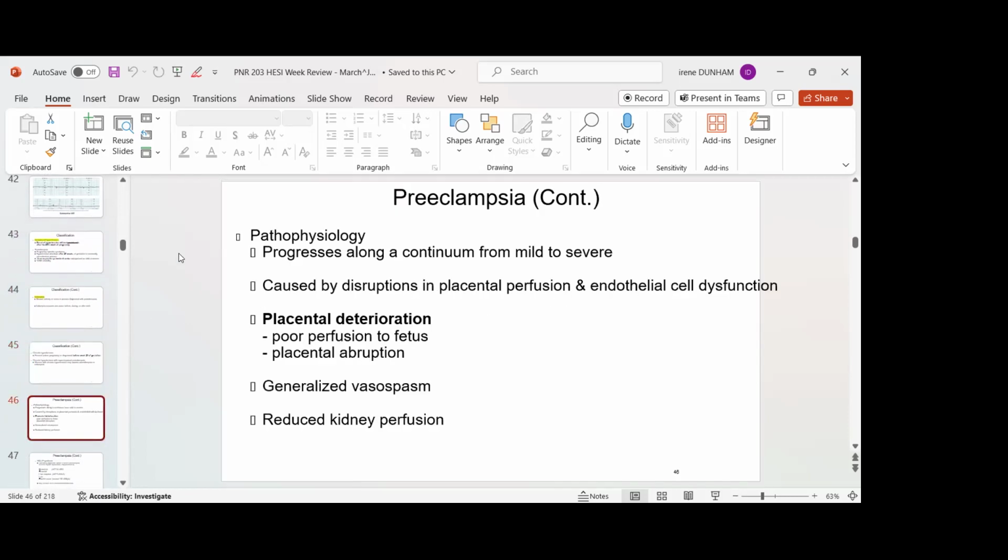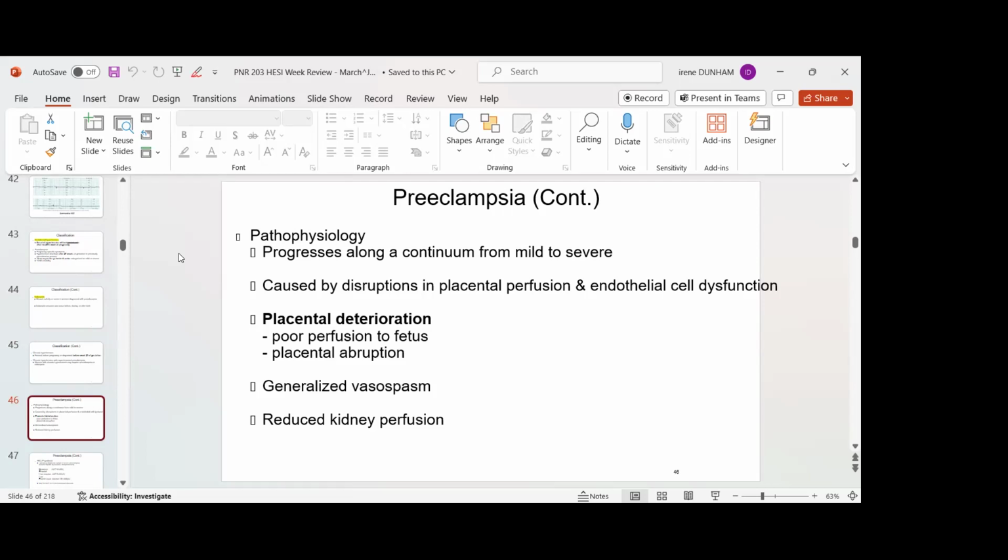Okay. So preeclampsia can go from mild to severe, and we get them on magnesium sulfate to prevent the seizure activity. We've got to be careful with the baby because we have to make sure that everything is perfusing. The placenta is putting out enough blood supply for the baby.